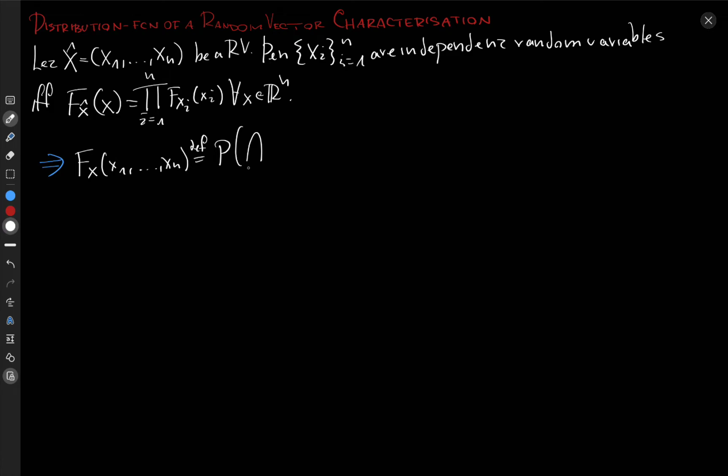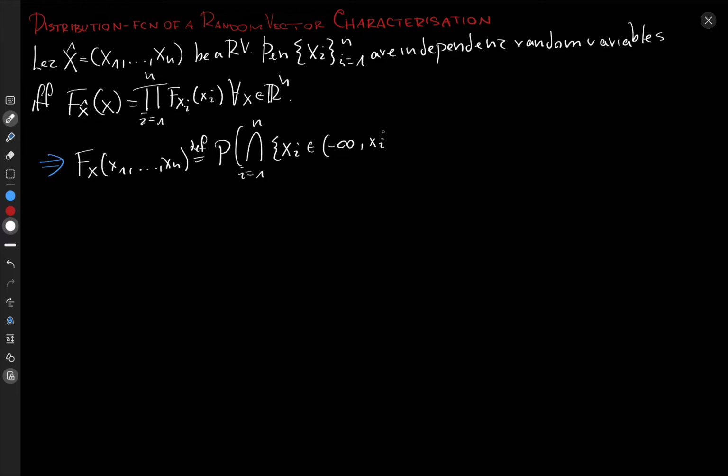So that's the probability of the intersection ranging through 1 to n of the set where we have random variables xi for all i being a subset of the interval negative infinity to xi, where this is the ith entry of the vector x.